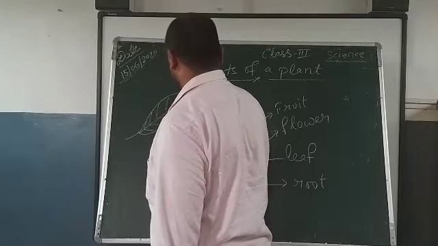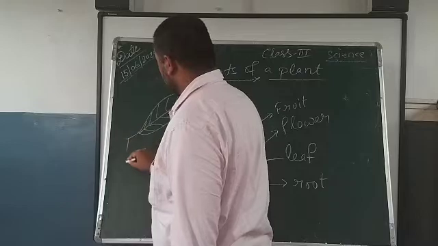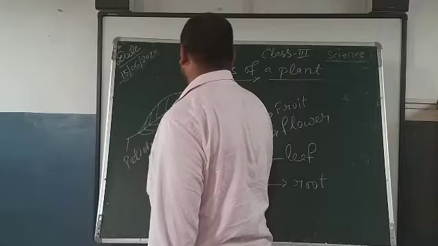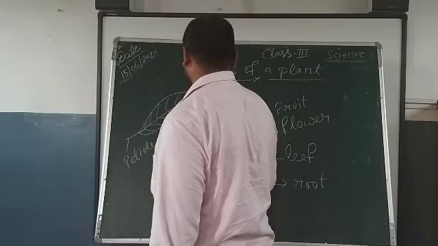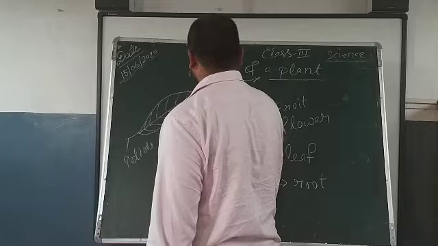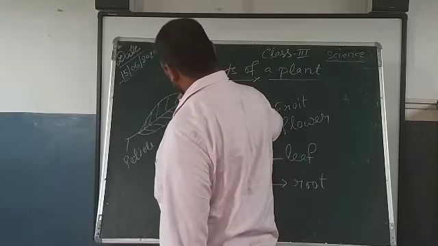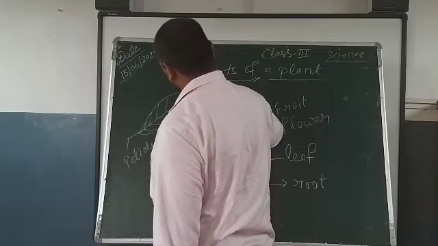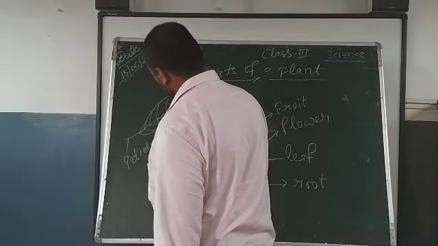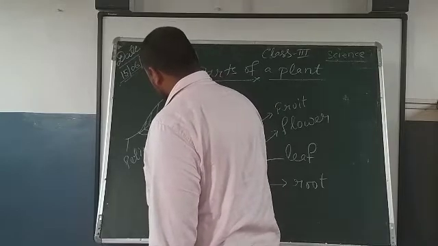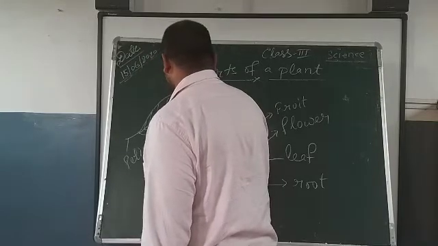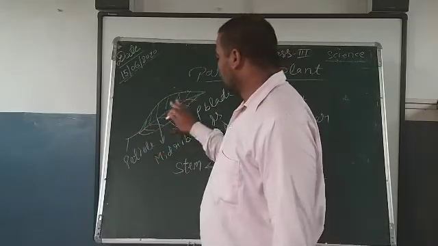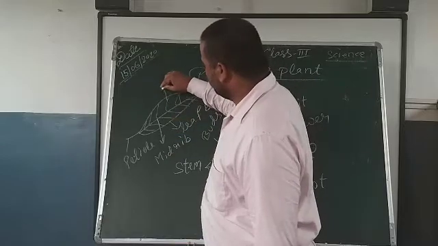Petiole, leaf blade, midrib, and there are several thin networks in a leaf called veins.